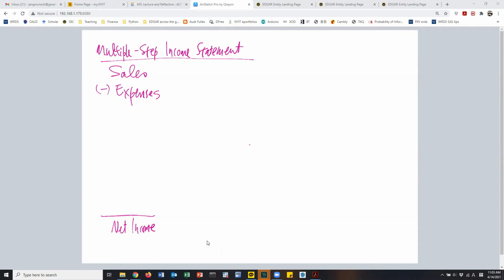But in multiple step income statements, you distinguish the costs or expenses into different categories, such as manufacturing cost, which is often called cost of goods sold, and then operating expenses, and non-operating expenses or others.